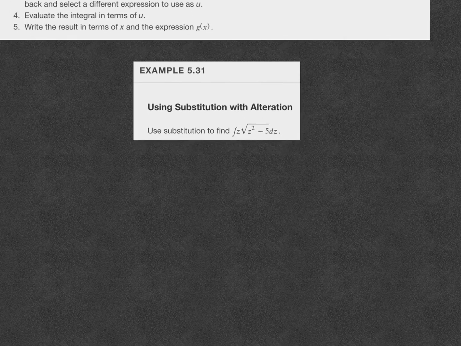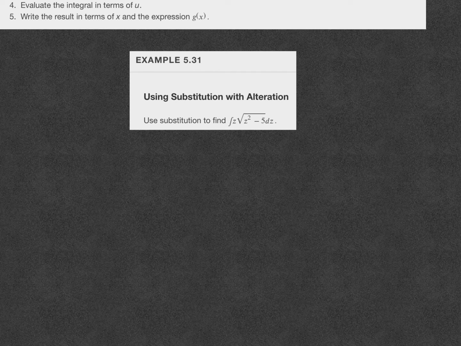There it is. So we've got z's in this one. Integral of z times radical z squared minus 5 dz. And it is often the case where if you have something grouped inside of a sine or a cosine, or as the exponent of an e, or in this case under a radical sign, that's going to be your u.